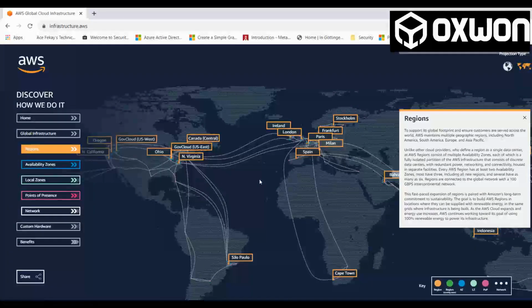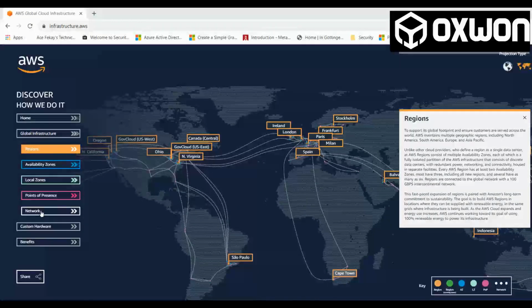AWS uses its global network and these points of presence to replicate that data and those applications all around the world, and that way everybody is able to get access to the data quickly. Again, that's an oversimplification of what CloudFront can do, but it is just to give you an idea of what CloudFront is, what a CDN is, and how these points of presence are utilized.